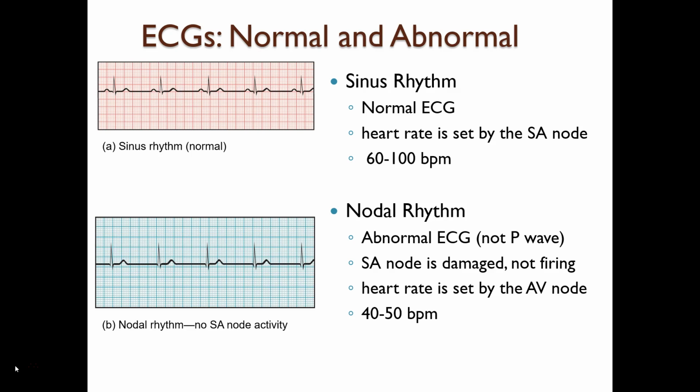Again, an adult at rest. Okay? So if your heart is beating 40 to 60 beats per minute, usually that's not quite enough. So you get tired very quickly.